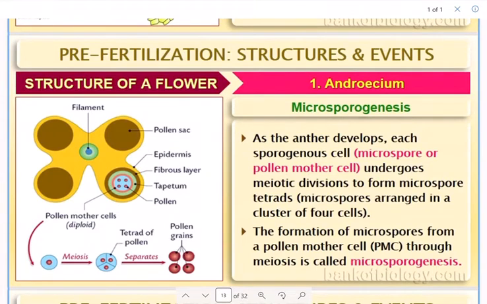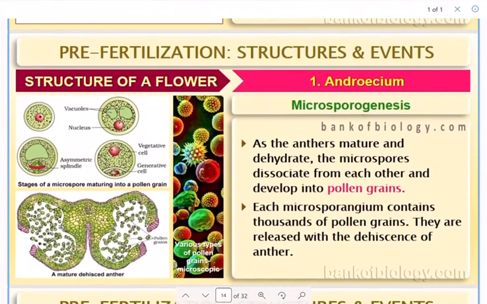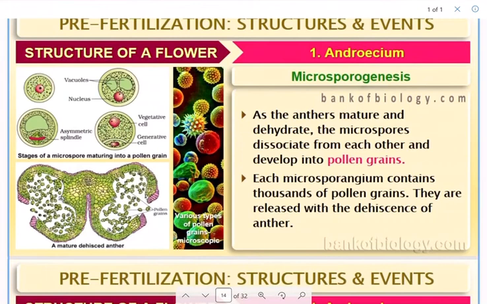Since microspores are being formed from the PMC by undergoing meiosis, it is called microsporogenesis. And further, as the anthers mature and dehydrate, meaning moisture will not be there, the microspores dissociate from each other and develop into pollen grains. So the tetrads will be breaking apart and each one becomes a pollen grain.